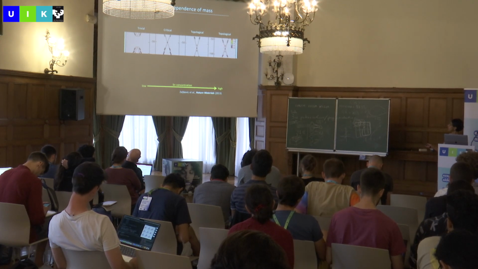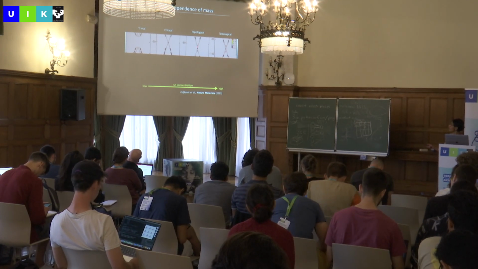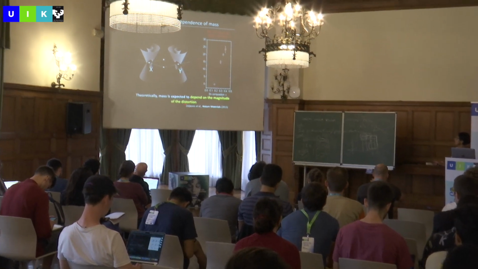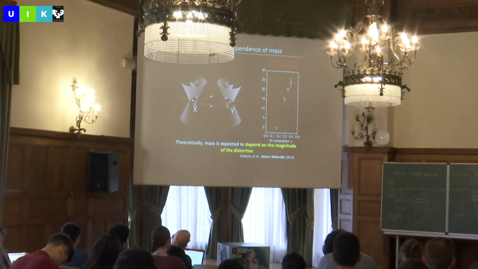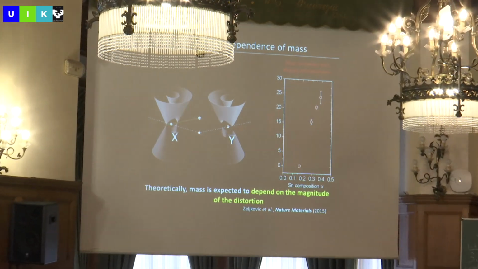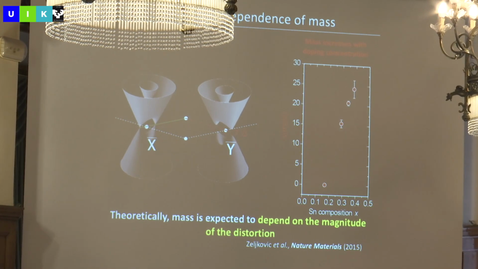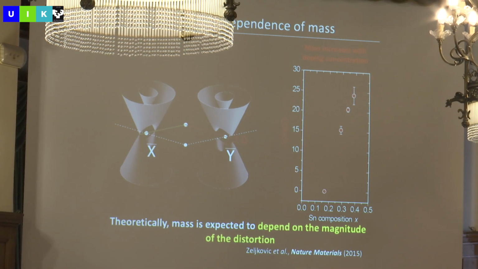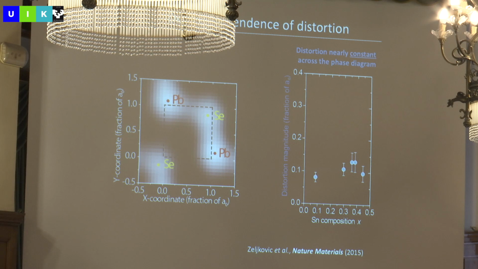And what you find is that this delta, this mass term, actually decreases as a function of composition. So the question is, why does this mass decrease? One possibility is that the distortion itself might be changing as a function of tin concentration. We checked that, and it turns out that the distortion actually remains pretty static as the tin concentration changes.